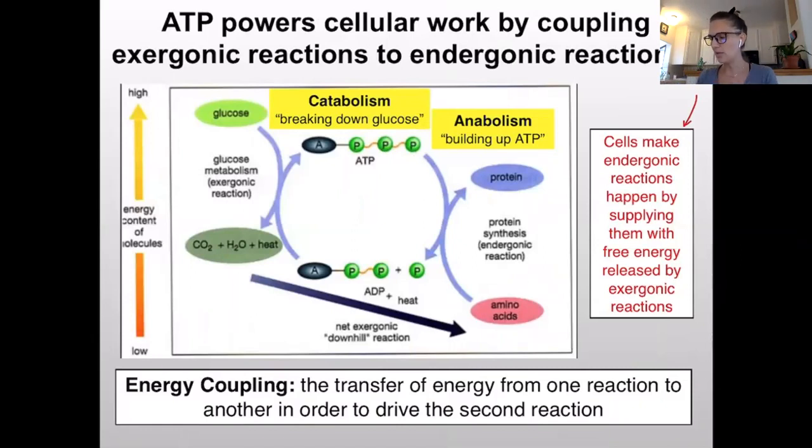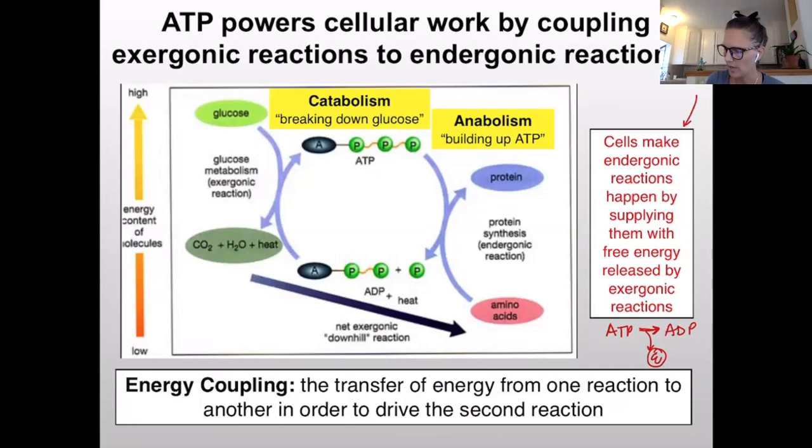They make those reactions happen by supplying them with free energy released from exergonic reactions. And the big exergonic reaction that we're going to see is that ATP gets broken down to ADP and releases energy in the process, right? So this idea that you can transfer energy from one reaction to another to drive another is called energy coupling.